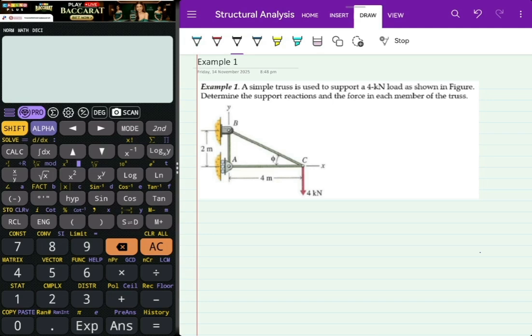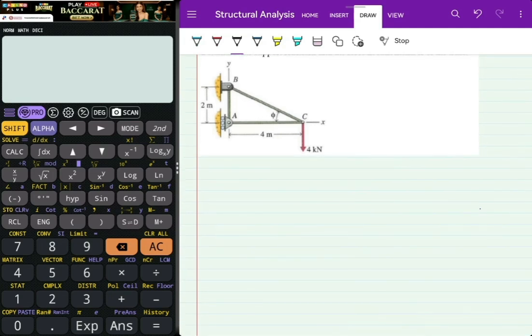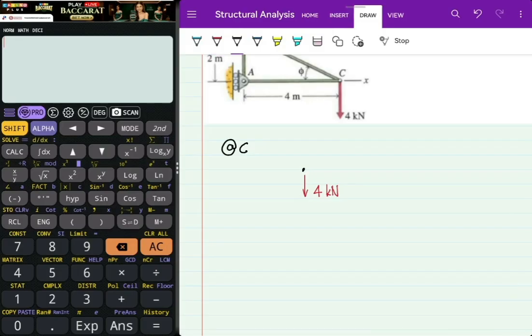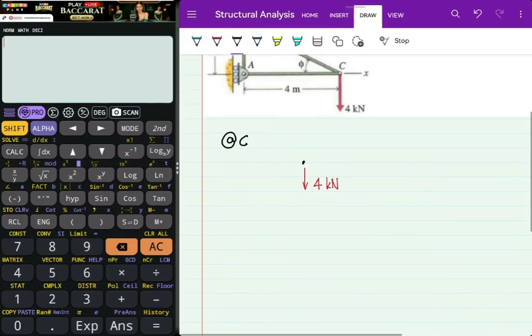First, you can solve it at joint C. So at joint C, we'll have our force 4 kN going down, and then we will have two forces.